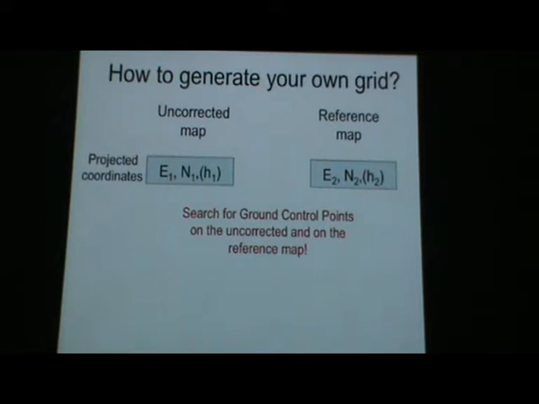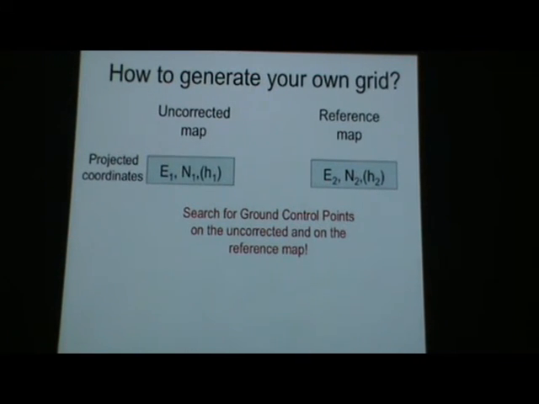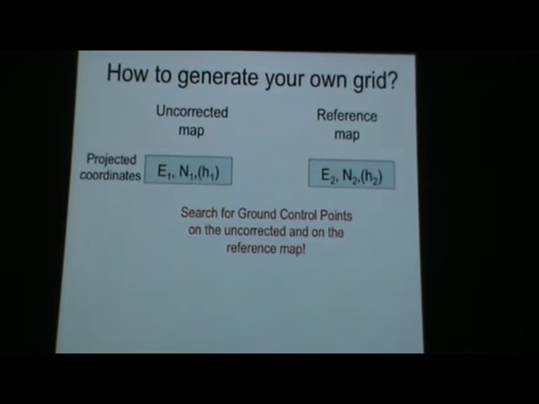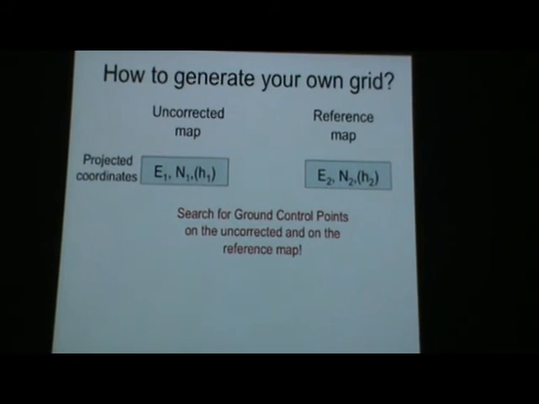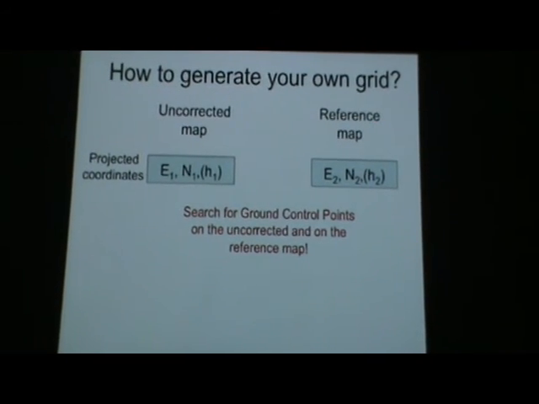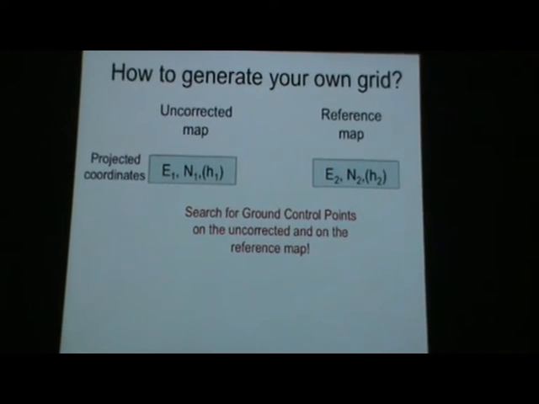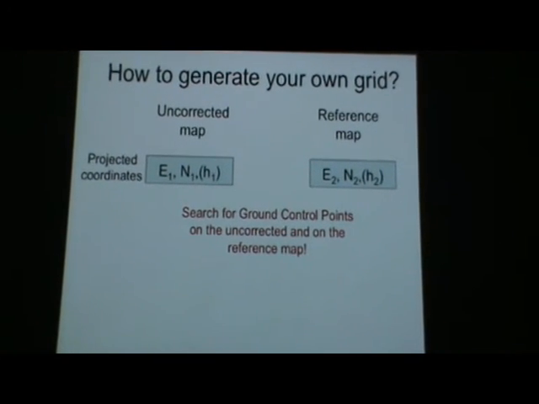And you must define ground control points on this system. So you have, for example, in this case in fathoms, an easting-northing system, and you have ground control point coordinates on your unreferenced, uncorrected map, and you find the same points on the reference map.